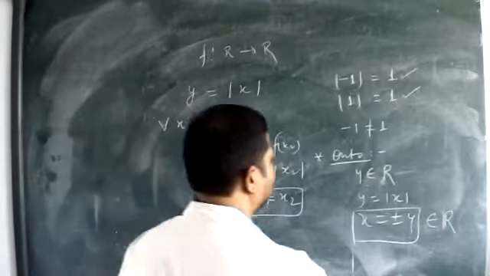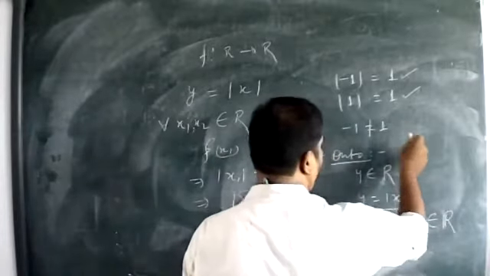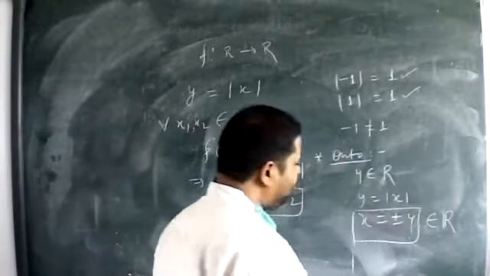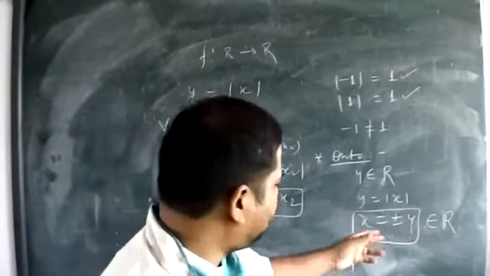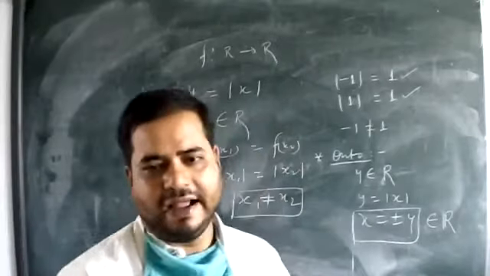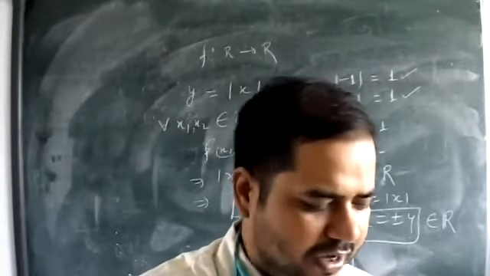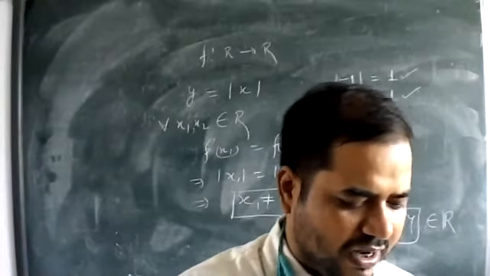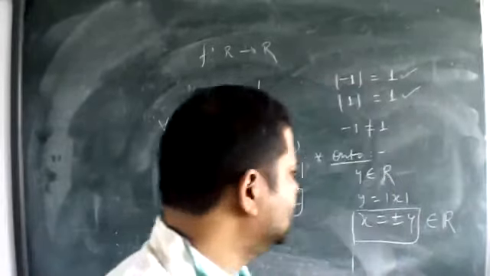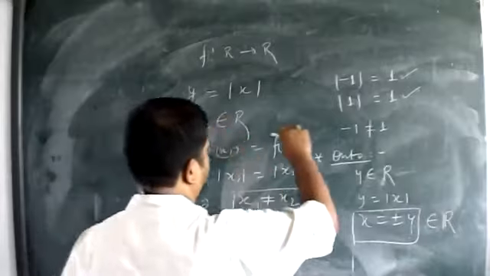See, for onto, the pre-image of y must be equal to x, but it is not here. That's why this is not onto. Okay, because -1 has no pre-image in the mod function, right?